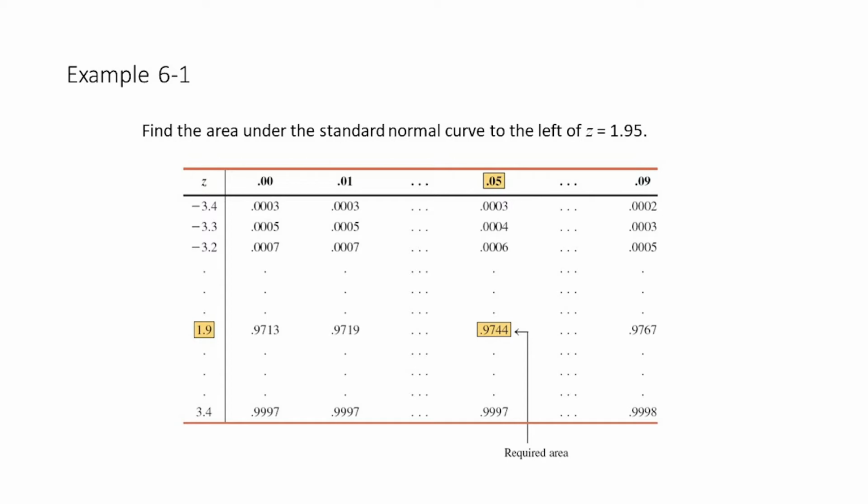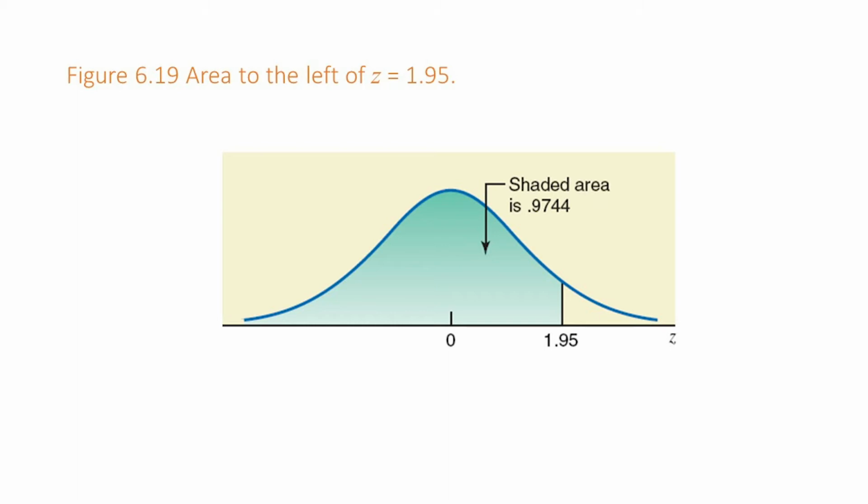You follow the line down the left to find 1.9, and then the second place of the decimal, 0.05, across the top, and where those two meet is the probability we're interested in. So that area to the left is 0.9744, meaning that whatever this line represents or less has a 97.44% probability of occurring.